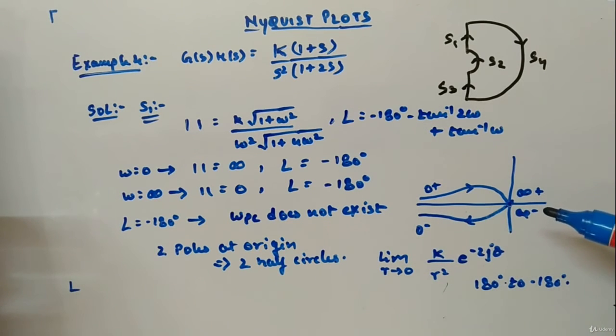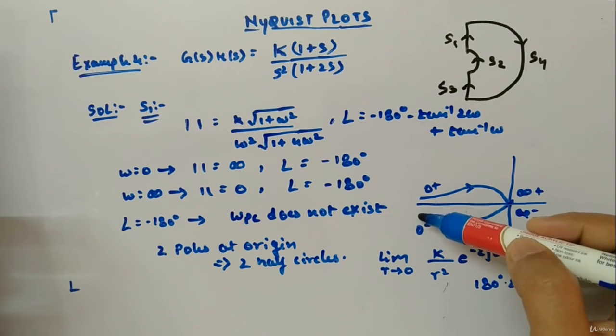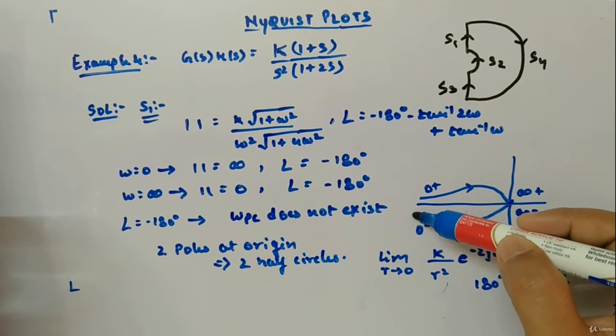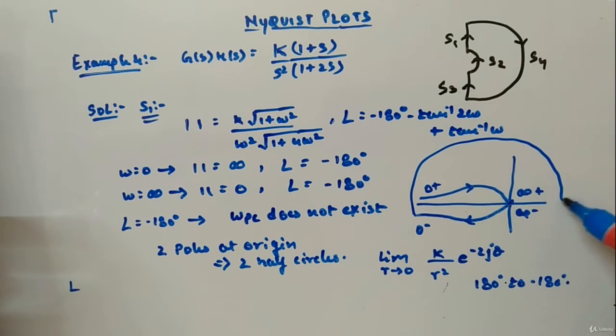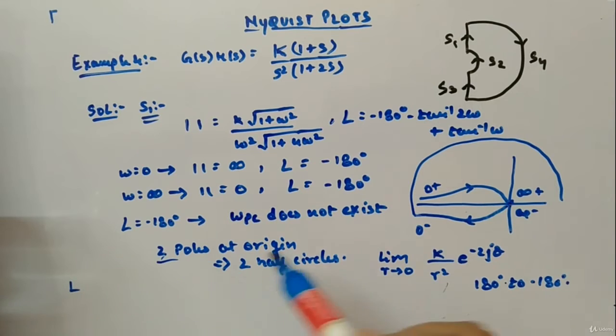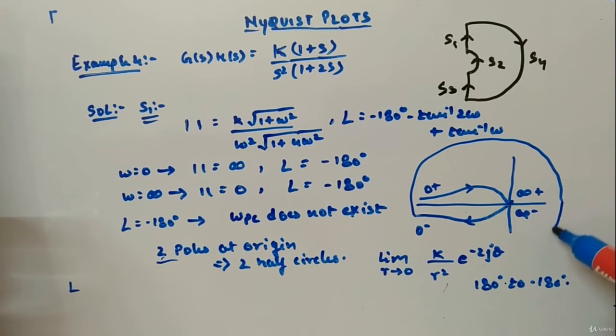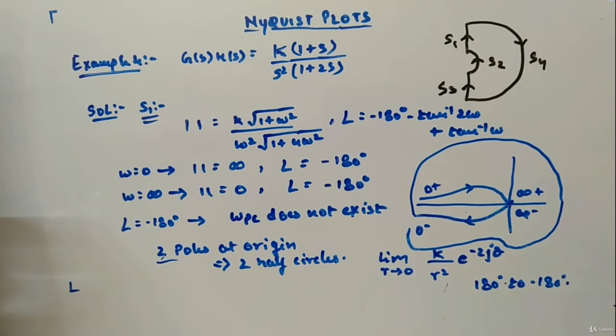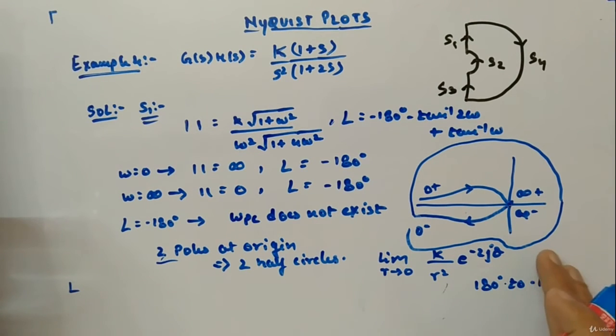And since the curve will start from here, infinity minus, 0 minus, let's extend a bit, one half circle because of this term, one more half circle. I should make it properly.